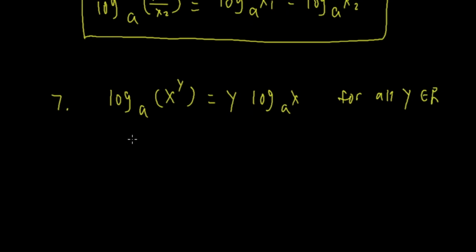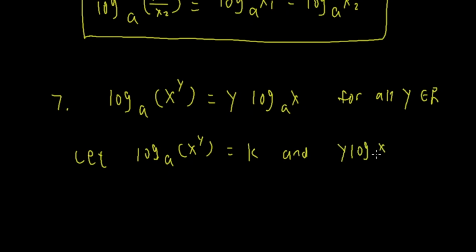Okay, so now here, what do we do? Let log x to the power of y to the base a equal k, and here, y times log x to the base a equals w.